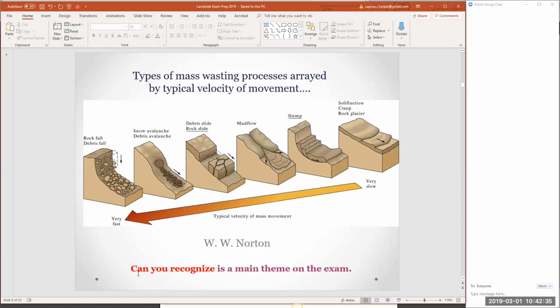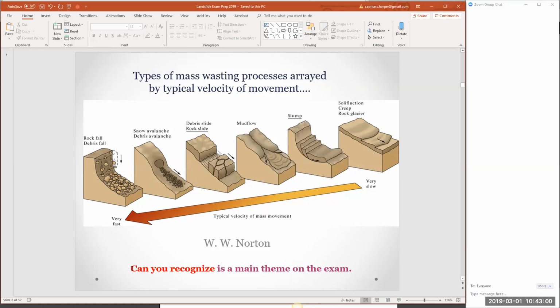On the exam, the phrase "can you recognize" is a main idea. There's several questions that say, you're looking at an area that has loose sediment that's been deposited in a lobe shape. What type of mass wasting is this?